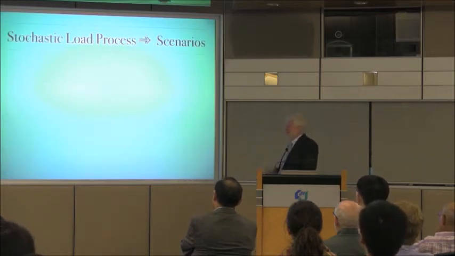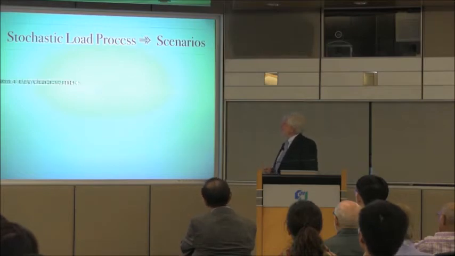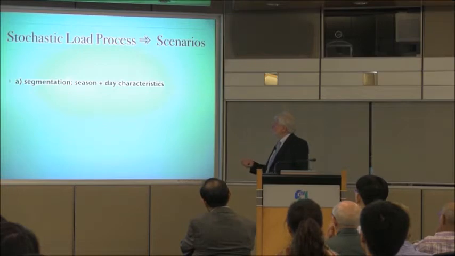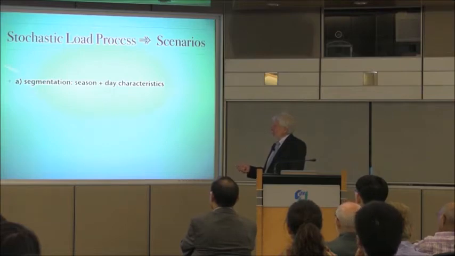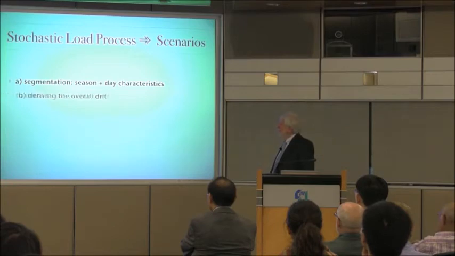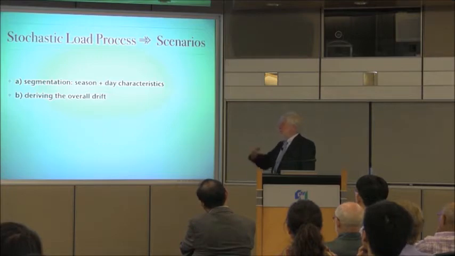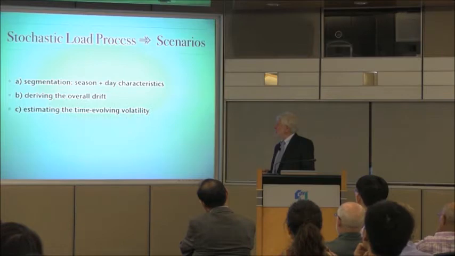So how do we get this process? We're going to have the segmentation. We're going to look at the season or subseason and the day characteristics in order to produce a segmentation of the data in the subseason. The next step will be to derive from this information the overall drift, what we showed as the overall tendency a moment ago.